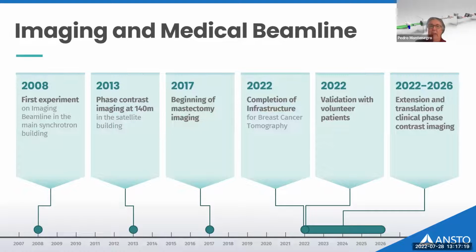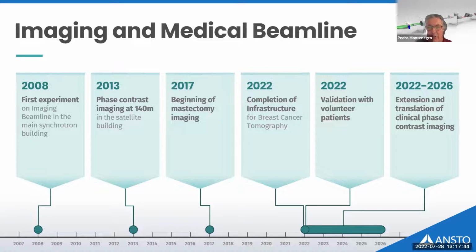So, having a little bit of a look at the timeline of the project and of the IMBL. The IMBL had its first experiment in 2008 in December. And then in 2013, we completed the extension of the IMBL to 140 meters and had imaging in the satellite building. In 2017, we started to do mastectomy imaging with our partners.